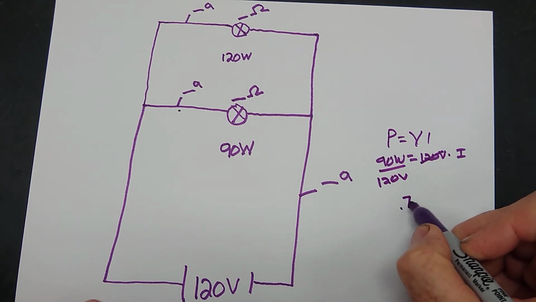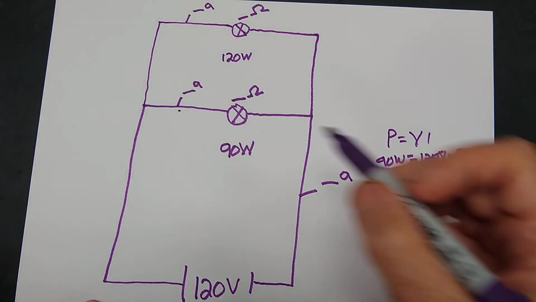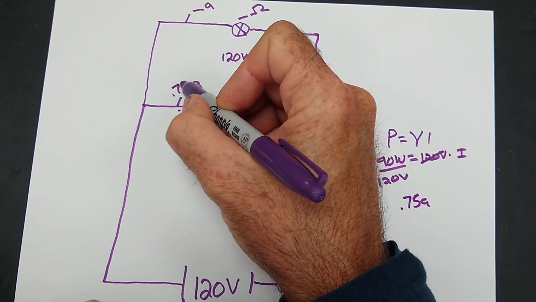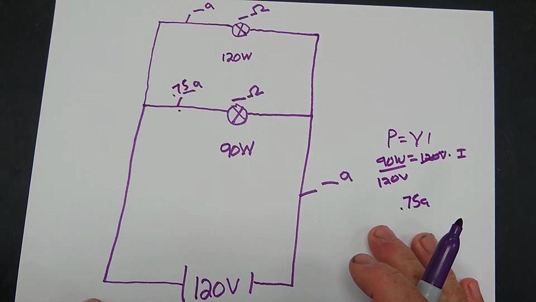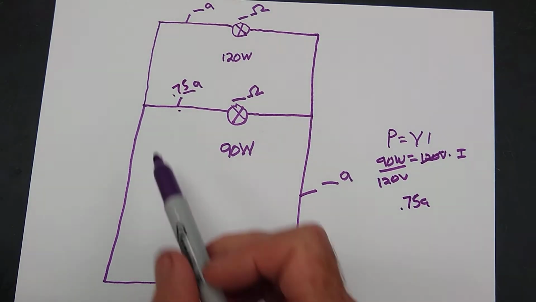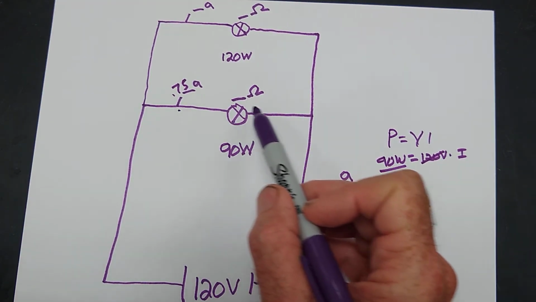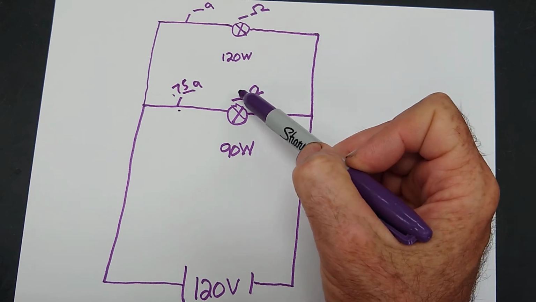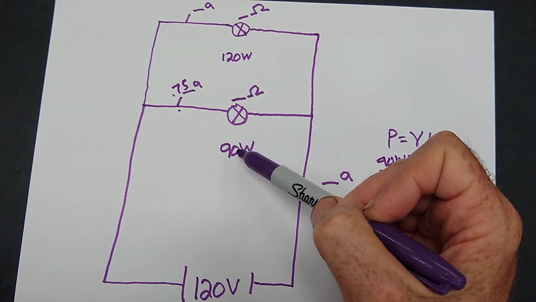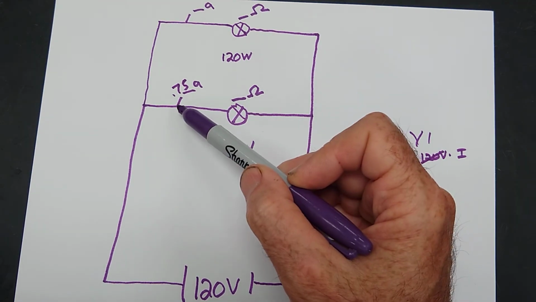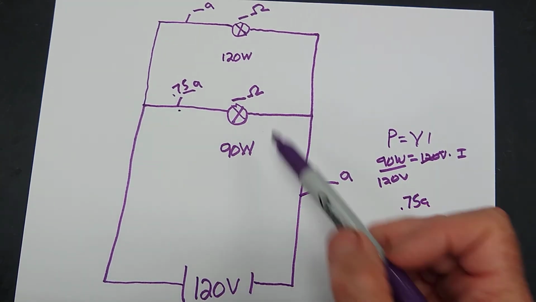So 0.75 amps. Does everybody agree with that? Great. Now that you know the current draw, I want you to tell me what is the resistance of this 90 watt bulb pulling 0.75 amps on 120 volts.